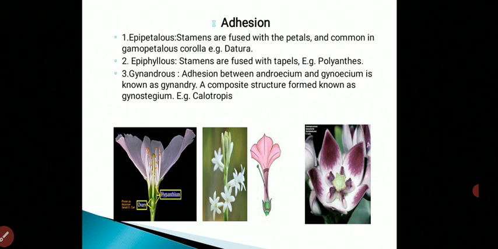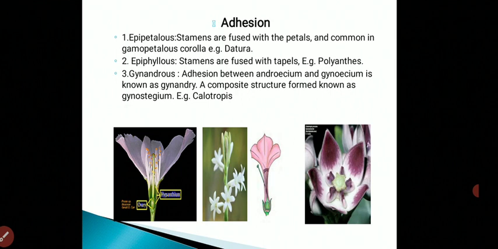So adhesion of stamens is classified into the following types. First one, epipetalous. When stamens are fused, that is, the Androecium is fused with petals, the condition is known as epipetalous, and this type of adhesion of stamens is common in gamopetalous corolla, for example Datura.